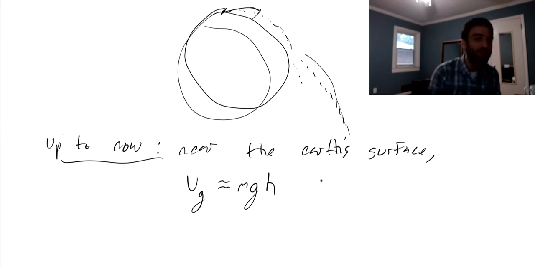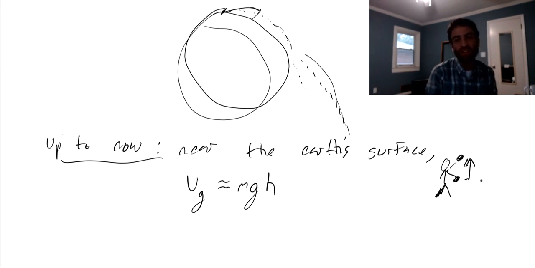We've defined height so that it's maximally convenient for our problem. Because what we've really been doing the whole time is saying, if I'm standing over here, and I want to lift an object from this height, and lift my arm so that it goes up to this height, what we've really been asking about is not actually the exact potential energy of the object at this new height. We've just been asking about the difference in the gravitational potential energy.